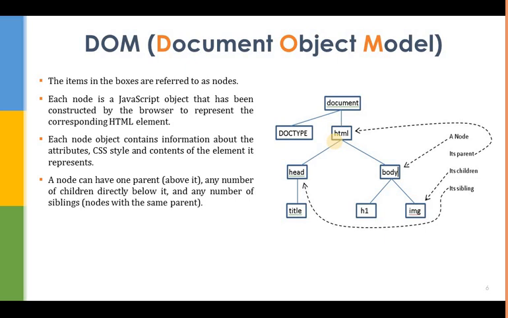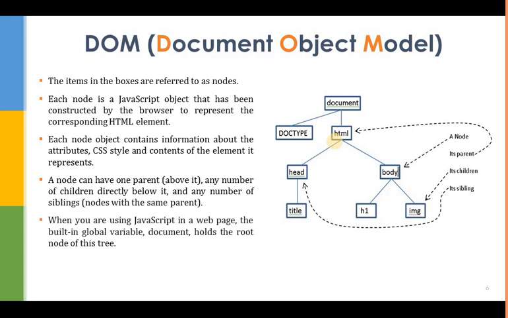A node can have one parent, any number of children directly below it, or any number of siblings. Whenever you are using JavaScript in a web page, the built-in global variable document holds the root node of this tree.